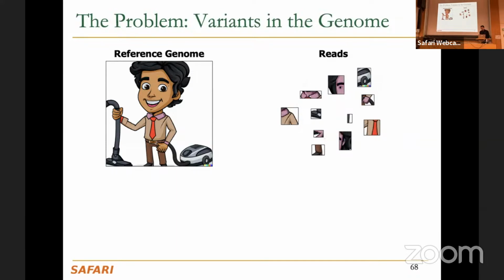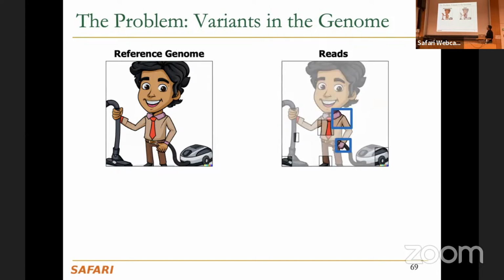But the problem is, if the sample that you're looking at is relatively too different from the reference genome that you're relying on, this can be due to certain huge variations. Maybe there are some structural variations that you cannot recover.